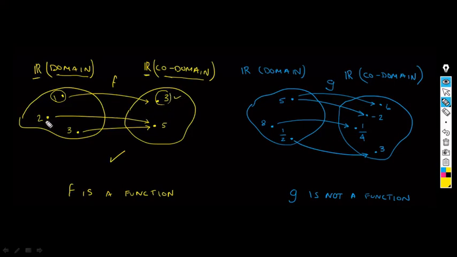So that's perfectly okay. Now it's taking the number 2 as input and it's giving you the number 5 as output. So for this element, there is only one associated number of the codomain, the number 5. Okay. And also, f is associating this input 3 with also the number 5, which is also okay.